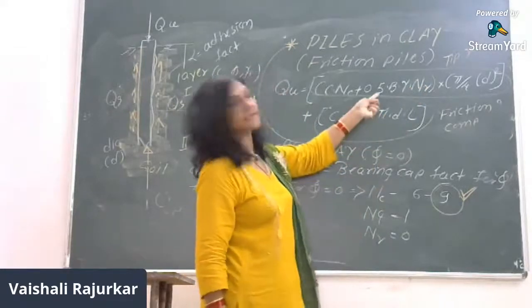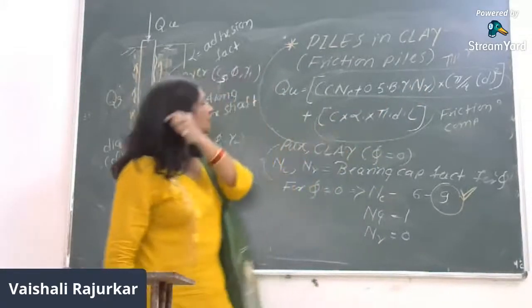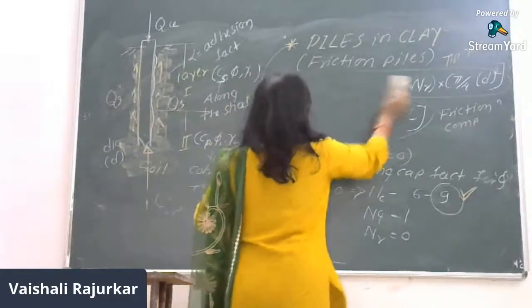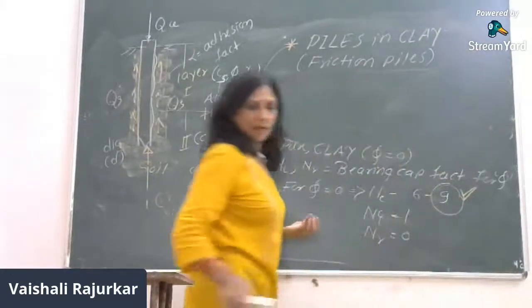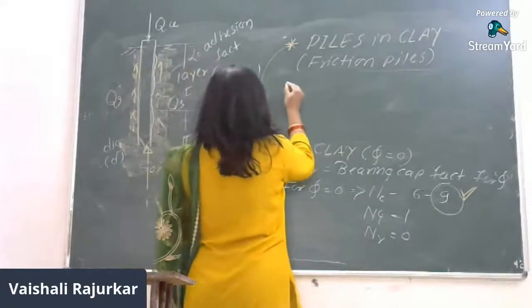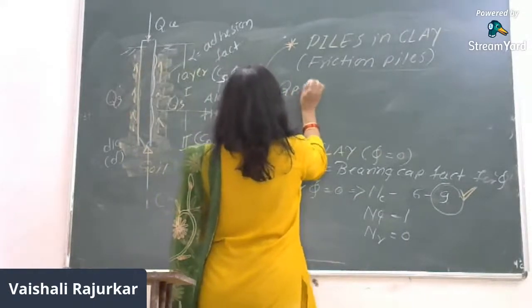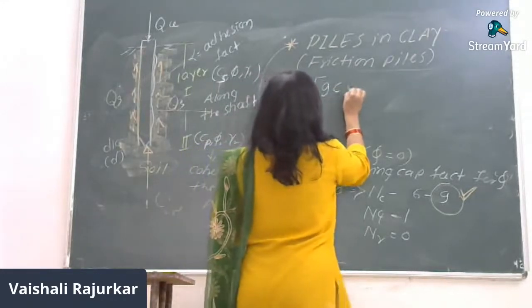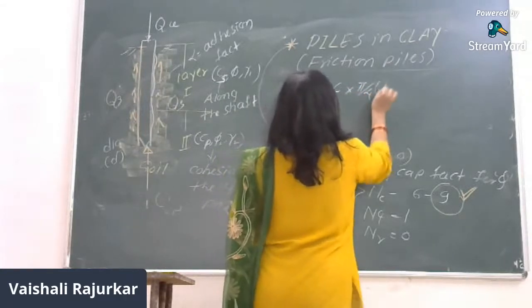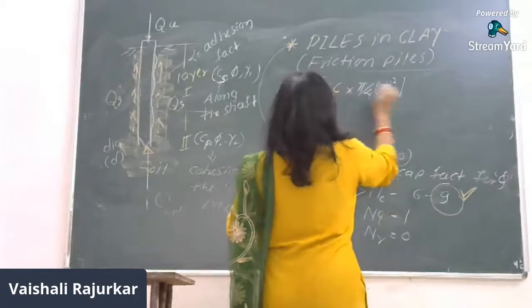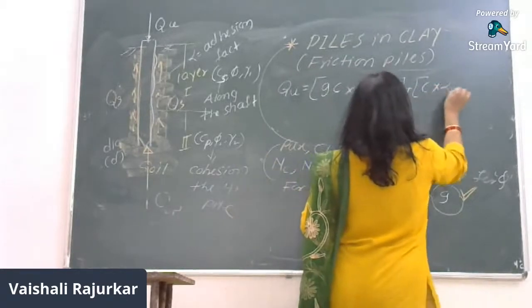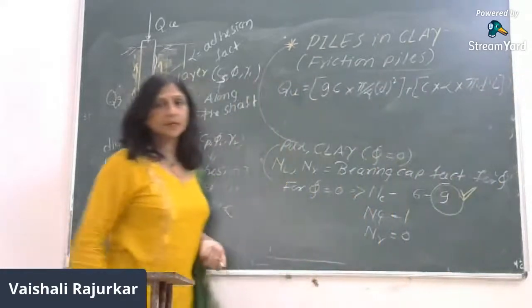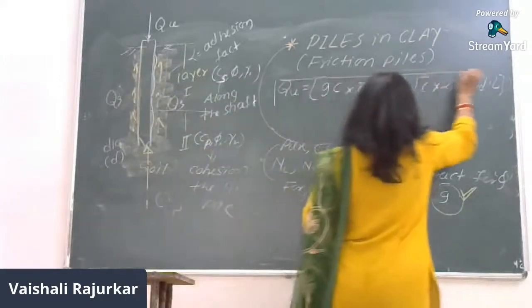If the value of N gamma is 0, in that case this term becomes 0, and therefore the equation for clay soil is QU equal to 9C into pi by 4 D square plus C into alpha into pi D L. So this is the equation for a pure clay soil.